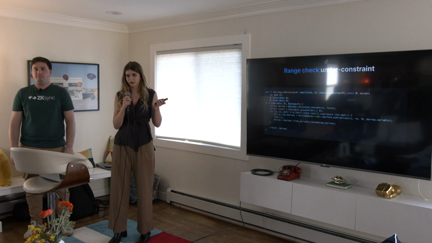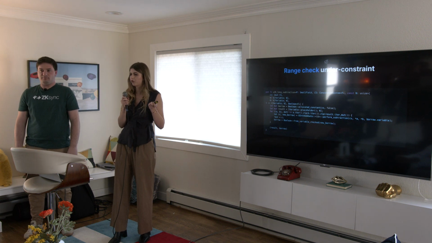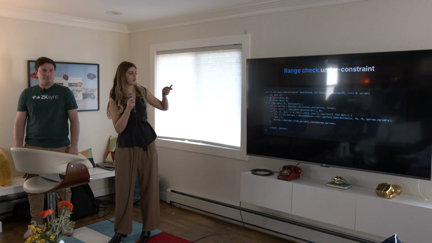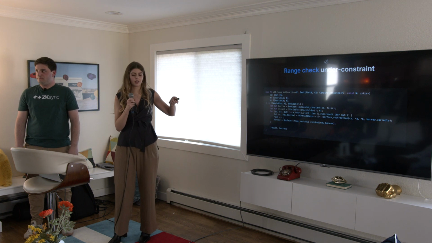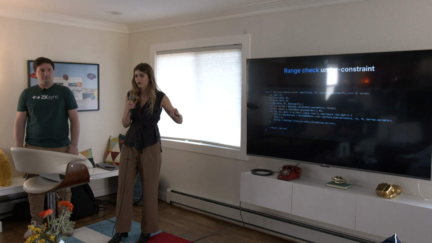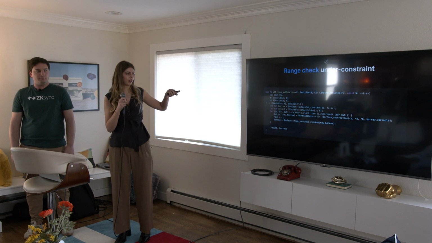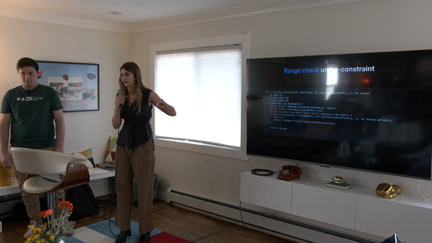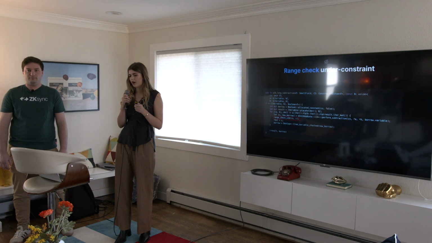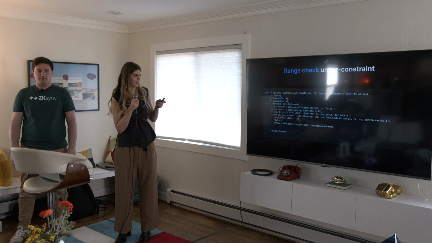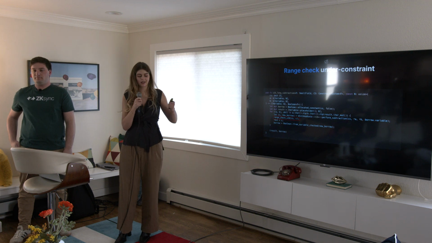In Boojum, the field is Goldilocks, so it could currently be 64 bits. If someone is malicious, it could be a 64-bit value, but it would still satisfy the constraint and give a wrong result. So I show here how it should look. 16, yeah.